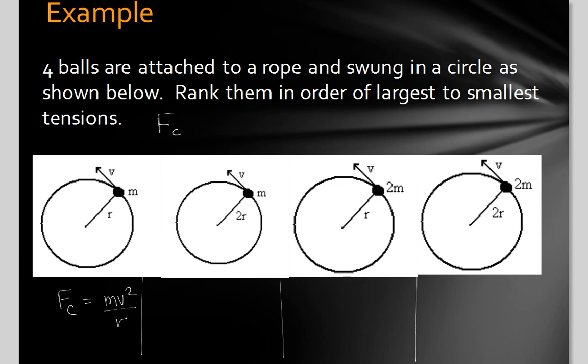I believe I did double the speed, so this will be okay. So let's go Fc prime, as this is going to be a new force, but we double the radius. So we have to replace r with 2r.